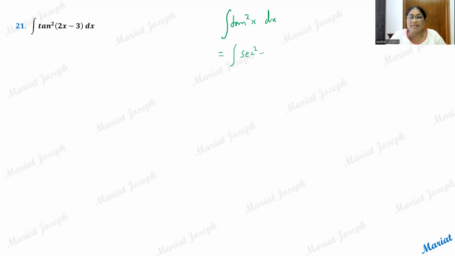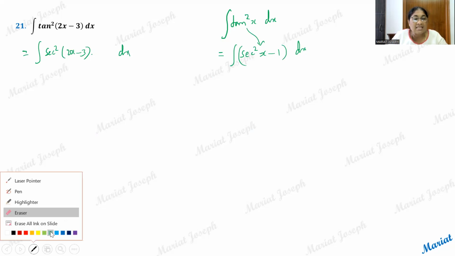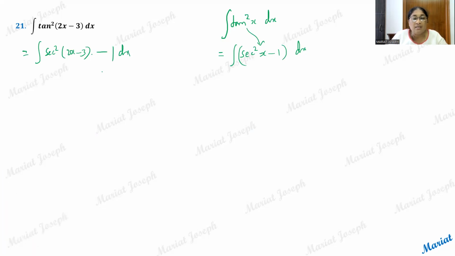This is a trigonometric identity. Like that, this question also we change into sec square, the angle is 2x minus 3, minus 1 dx. That minus 1 is a separate term and that 2x minus 3 is the angle.